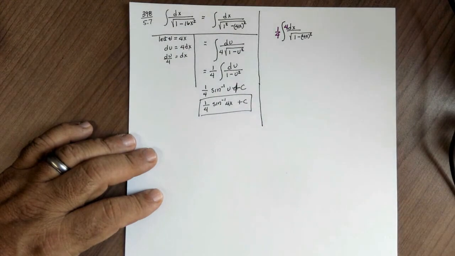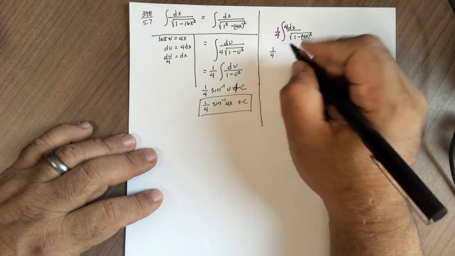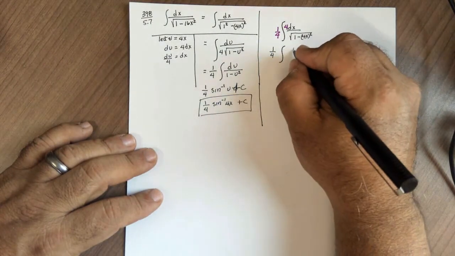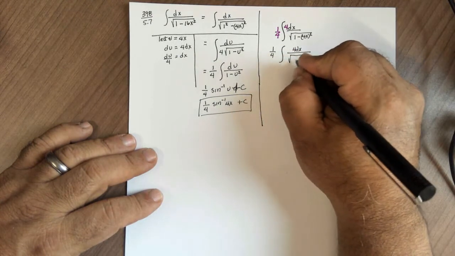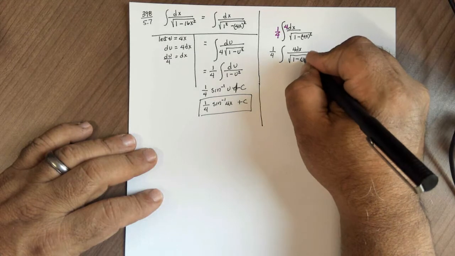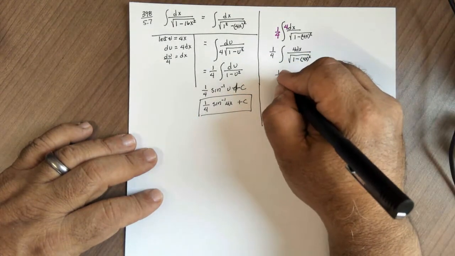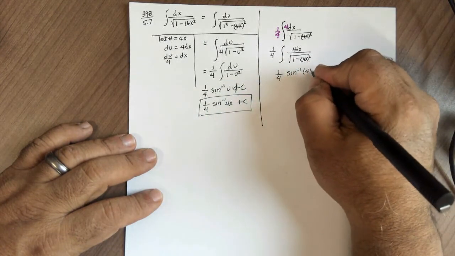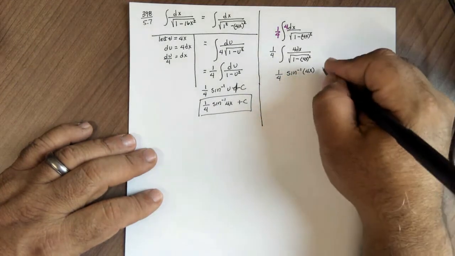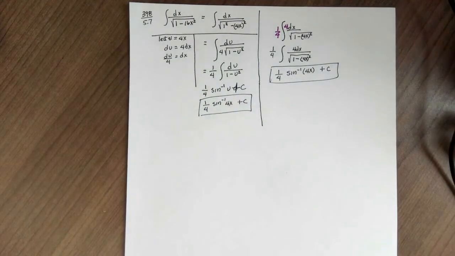So essentially, it's going to be 1/4 the integral of 4dx, which is what I needed, over the square root of 1 minus 4x squared. That's simply going to be 1/4 sine inverse 4x over 1, but I don't have to write the 1, plus c, and I'm done. Looks a little cleaner, but the choice is entirely yours.